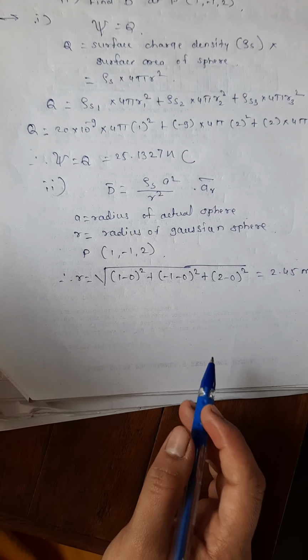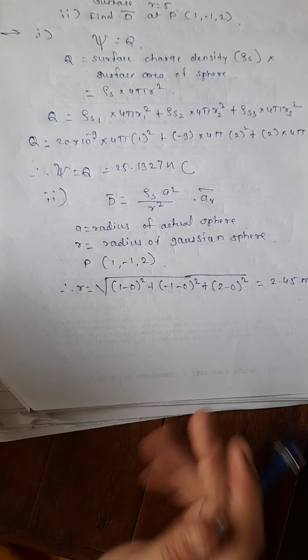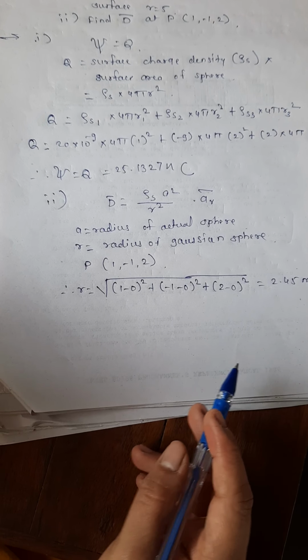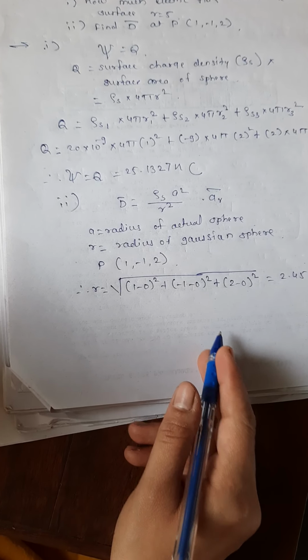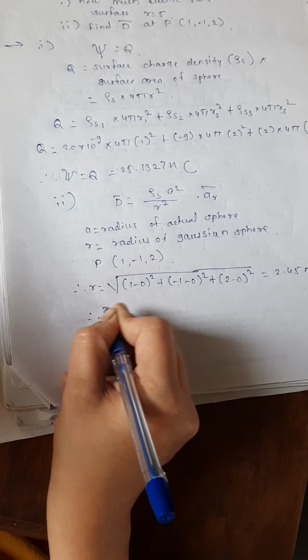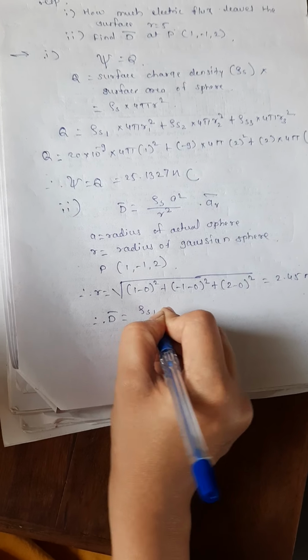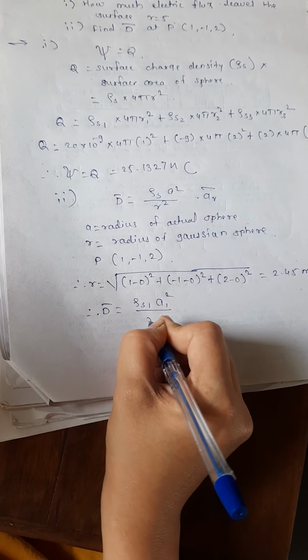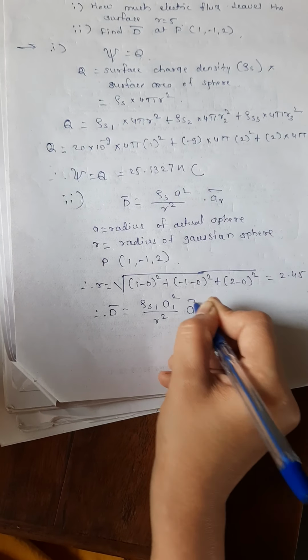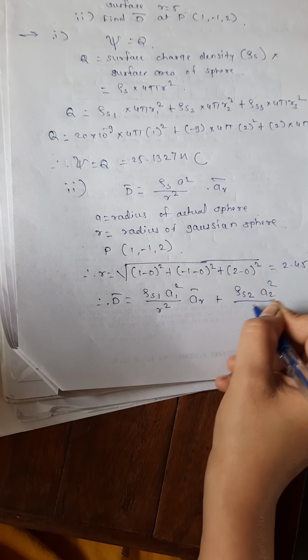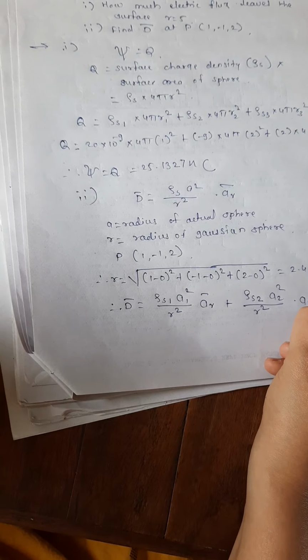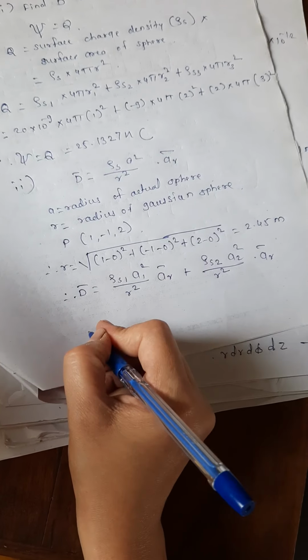So it shows that the Gaussian sphere will enclose two spheres of radius 1 and 2, and here a1 is 1 and a2 is 2. Therefore D bar is equal to rho s1 a1 square by r square a r bar plus rho s2 a2 square by r square a r bar. Now we substitute values here.